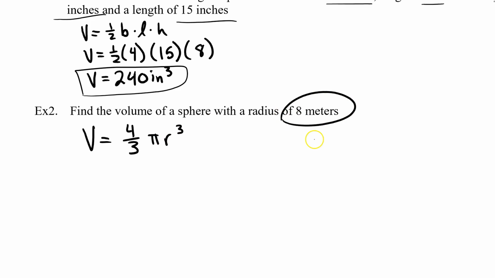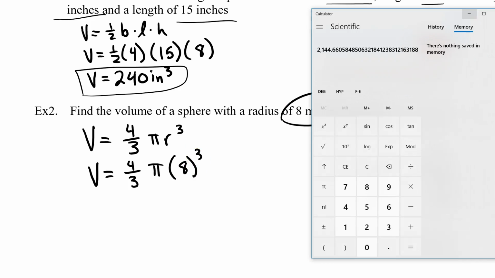I know that my radius is 8, so I'm going to say V equals 4 over 3 pi, and then 8 to the power of 3. I'm going to take my calculator here. We're going to go 8 to the power of 3 equals. Now I want to get the 8 to the power of 3 first, because I don't want to accidentally go 4 divided by 3 times pi times 8, hit enter, and then find that number to the power of 3, the full number.